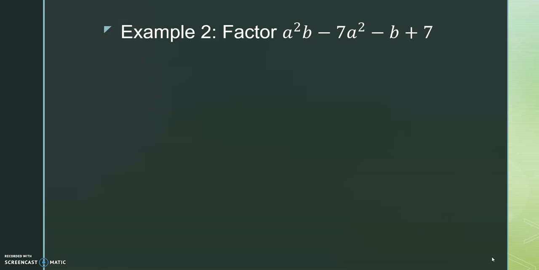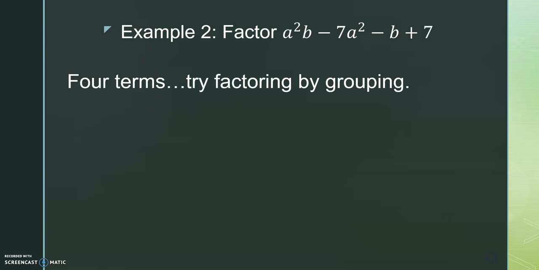Example 2, factor a squared b minus 7a squared minus b plus 7. There are 4 terms, so try to factor by grouping. A squared times b minus 7 minus 1 times b minus 7.